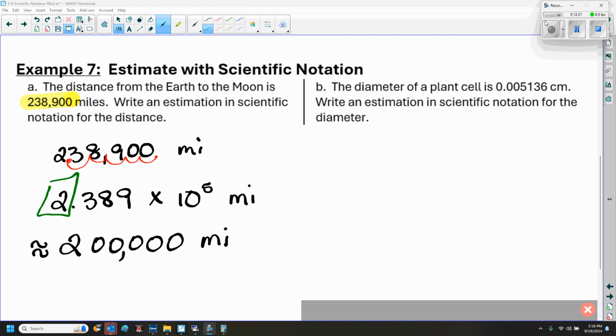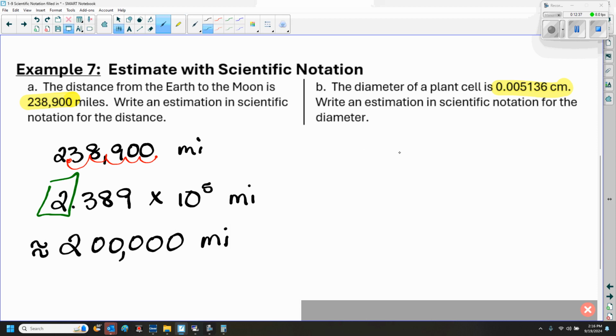All right, example 7b says the diameter of a plant cell is 0.005136 centimeters. We want to write an estimation in scientific notation for the diameter.